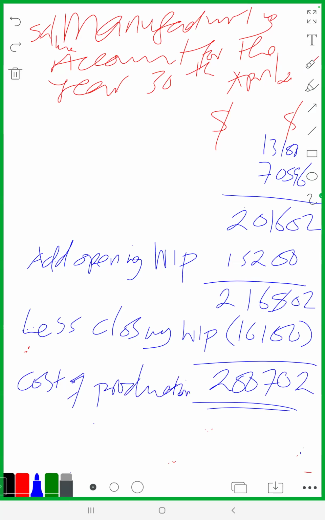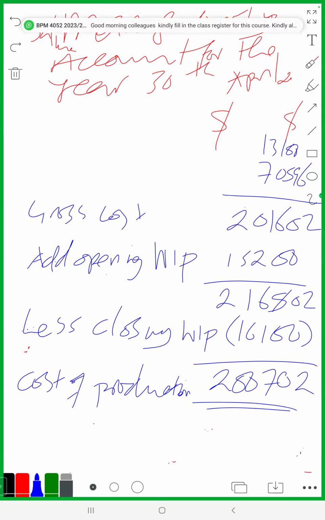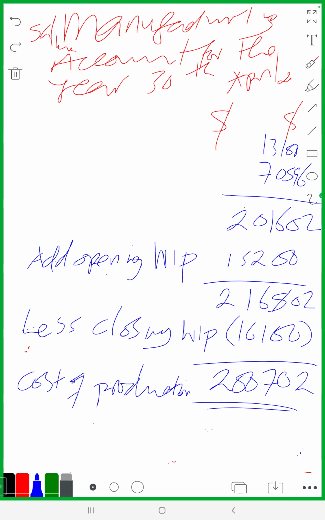Why do you call it the net cost of production? Because if you never had the opening work in progress and closing work in progress, this one would have been your gross cost of production. And then this will be the net cost of production. But since we don't have that, you can just leave it as the cost of production, just like that.